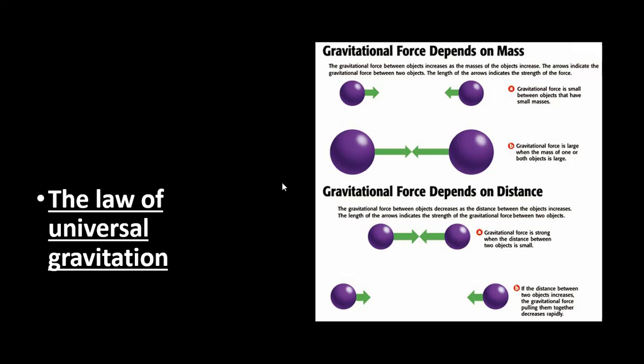For example, you and your desk have a certain amount of gravity between each other, and the books on the desk have gravity between them and yourself as well. So all objects and people have gravitational force between each other, and this force depends on the mass and on the distance. Now, the higher the mass, the higher the gravitational force.